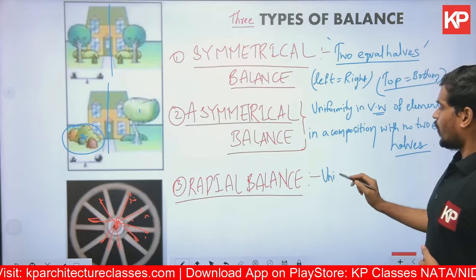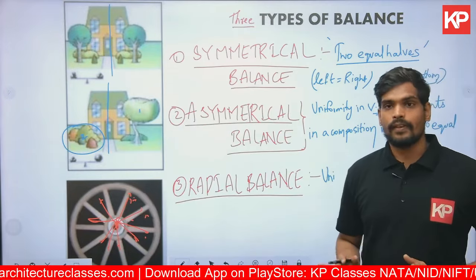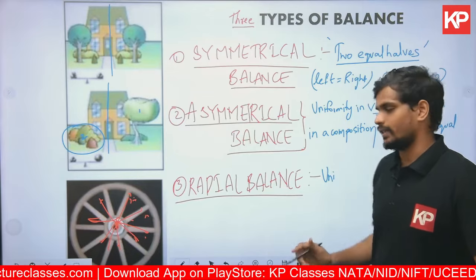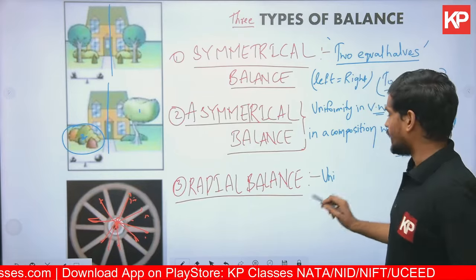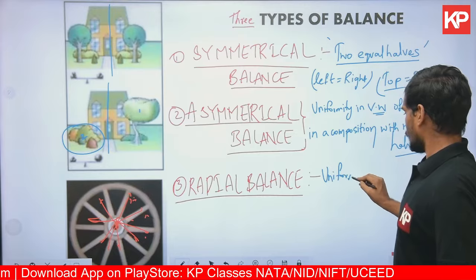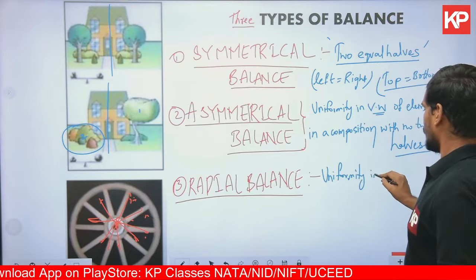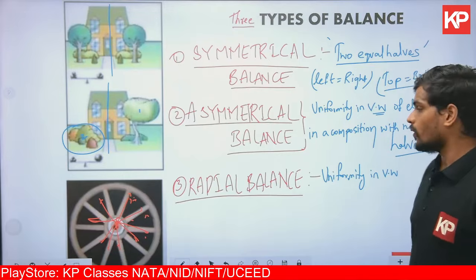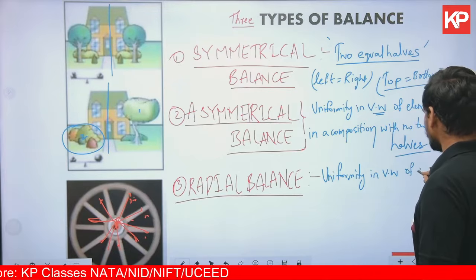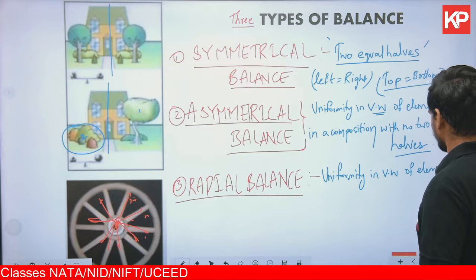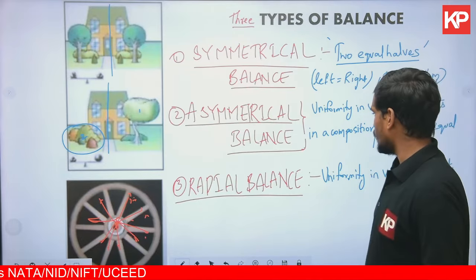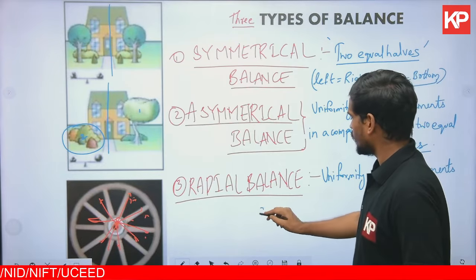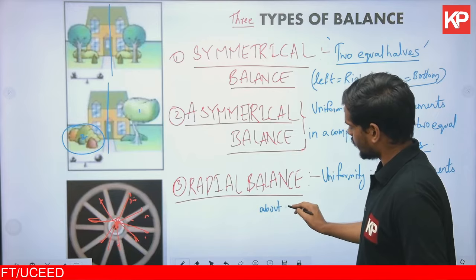All these are uniformity in distribution of visual weight, because all these are balance, three types of balance. So write down the definition for radial balance: uniformity in the distribution of visual weight, or uniformity in visual weight of elements, about a center point.